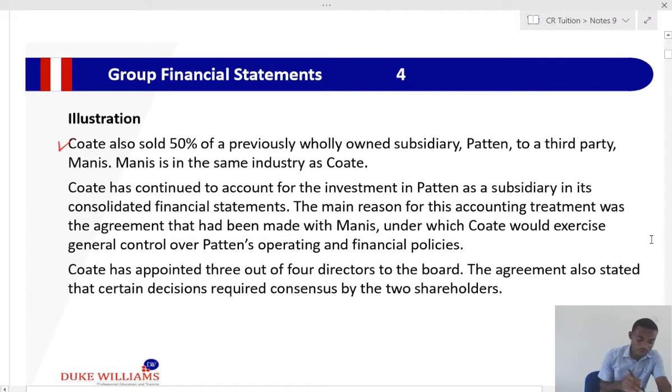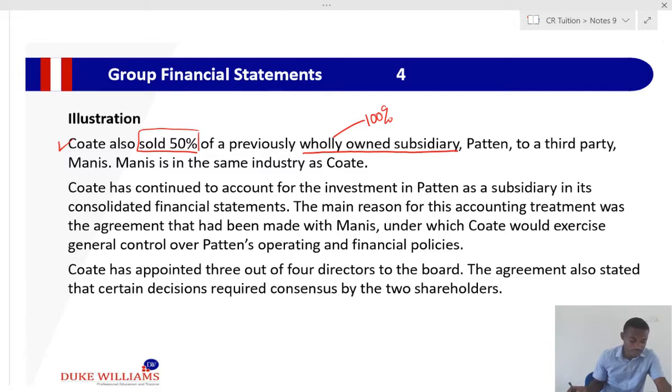Court also sold 50% of a previously owned subsidiary. So a previously wholly owned, and wholly is 100%. So they have sold 50% of it. Then they will have left 50%. So Court also sold 50% of a previously wholly owned subsidiary Pattern to a third party, Manis.